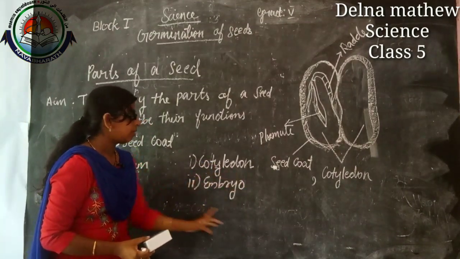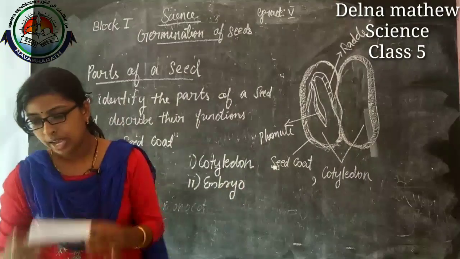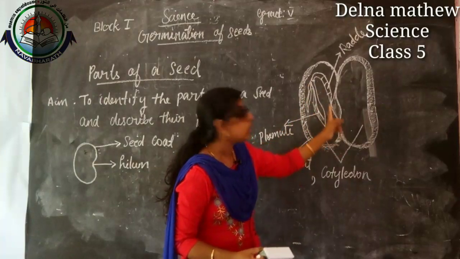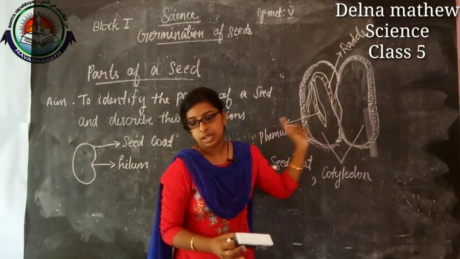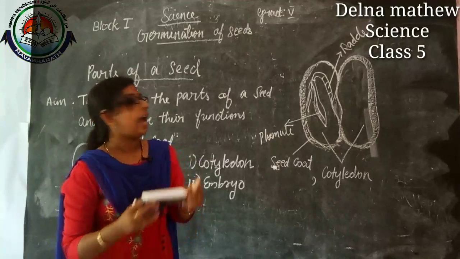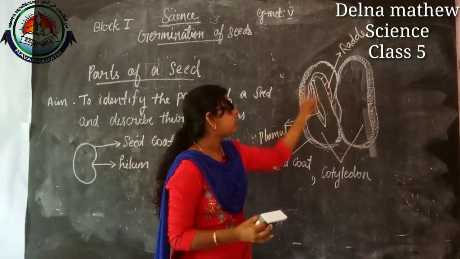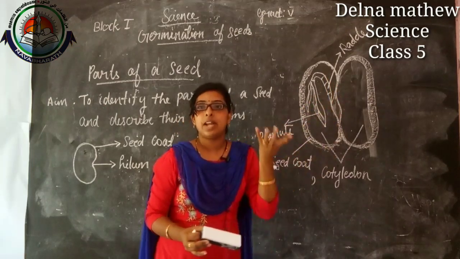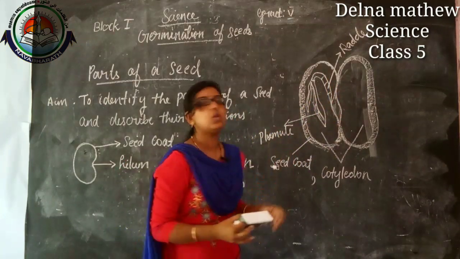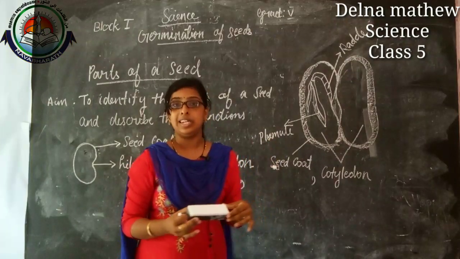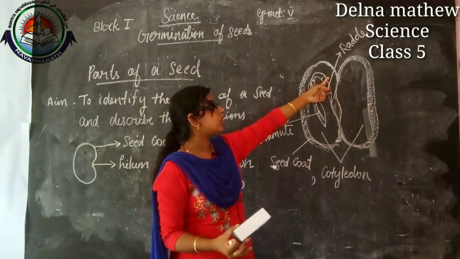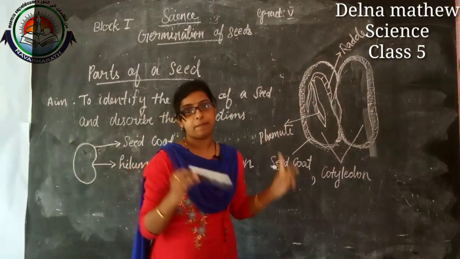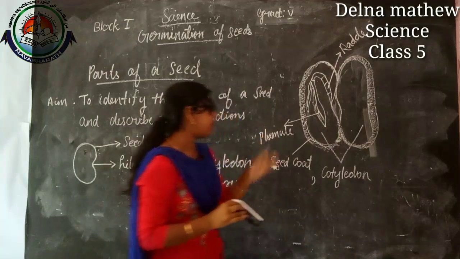Here you can see that the baby plant is attached to the cotyledons, and it has two parts, plumule and radicle. The radicle develops to form the root and the plumule develops to form the leaf.